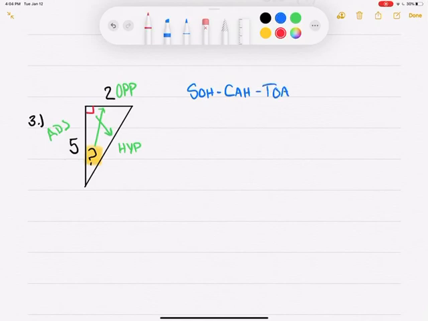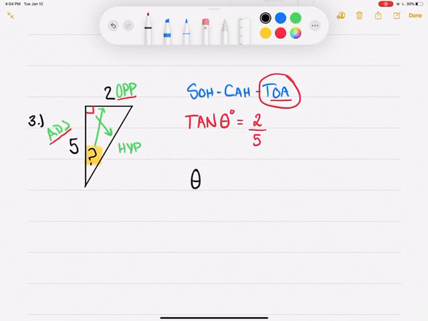Looking at my options, I have an A and an O. The only one with both of those would be here, TOA, which stands for tangent of our missing angle theta is going to equal the opposite 2 over the adjacent 5.